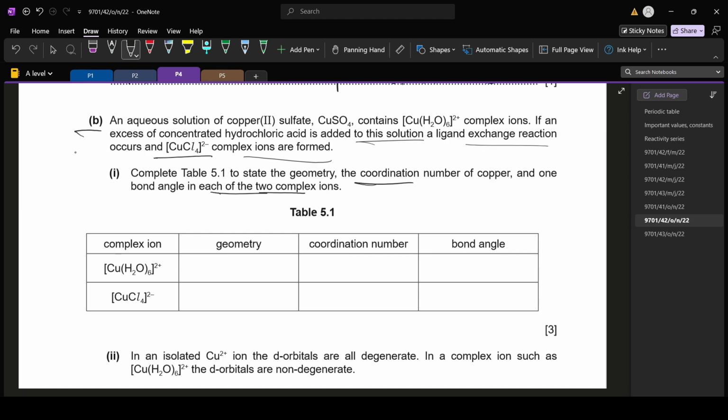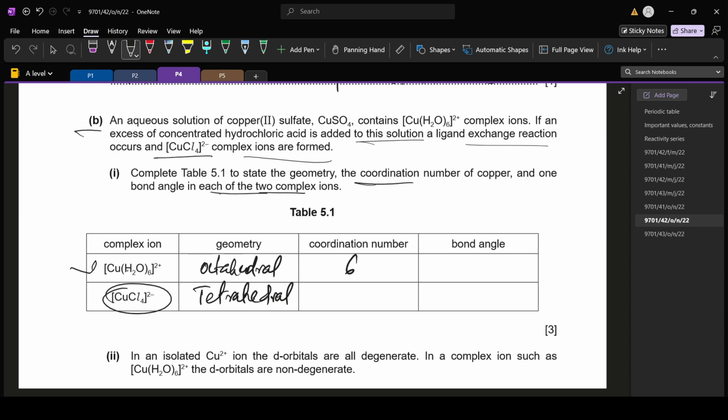So in the first complex, the geometry is going to be octahedral because there are 6 ligands. In this complex there are 4 chloride ions, so the geometry will be tetrahedral. The coordination number will be 6 because these water molecules are single, monodentate ligands.